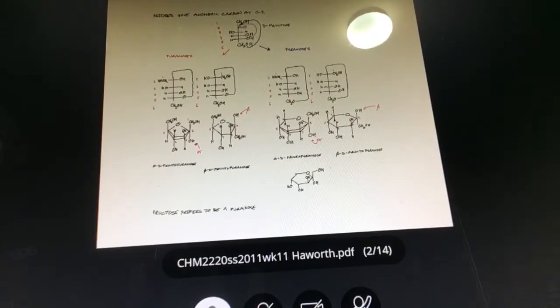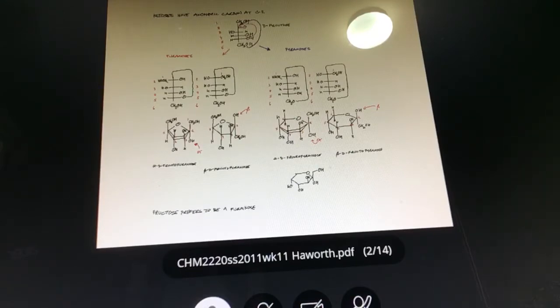Here, on the second page from the notes, is what a ketose would look like. Now, ketoses don't have the luxury of, I'm going to have to zoom in on this at my end before I start scribbling on it.